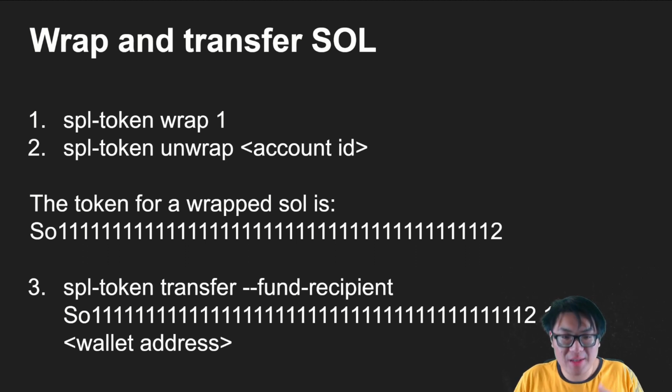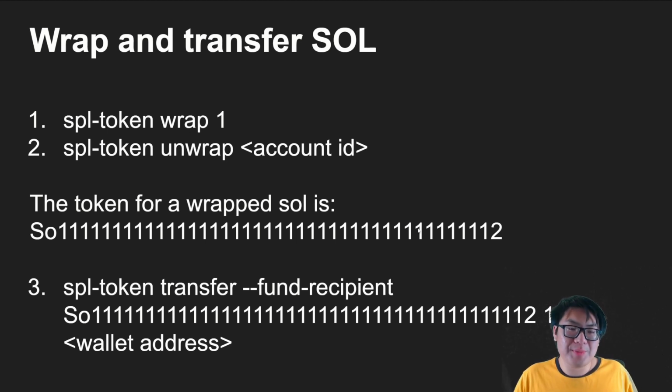When you run that command, it will generate an account ID that holds the token, similar to the accounts we've been talking about in the previous two examples. If we ever want to unwrap the Sol, we just do spl-token unwrap and give that account ID. If you saw this in my command line earlier, there is this So11111 token ID, and that is the token ID for wrapped Sol.